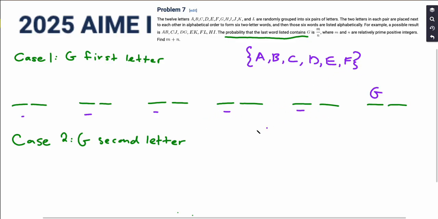So there's 5 blanks, but we have 6 letters. So obviously there are 6 different ways to choose which letter to leave out.